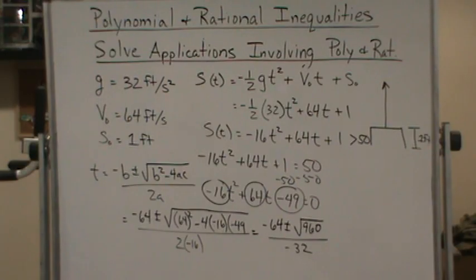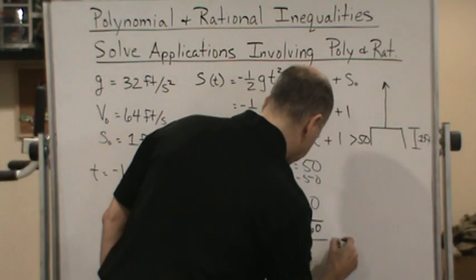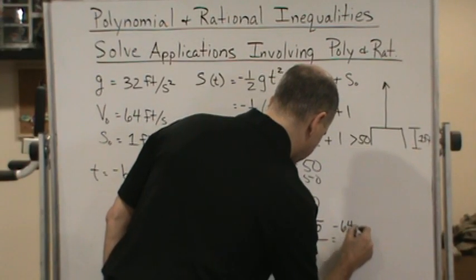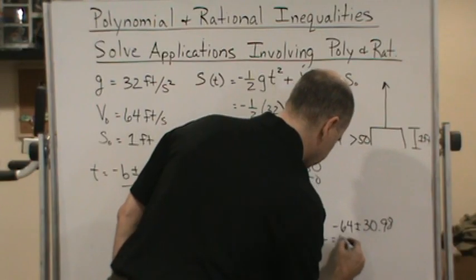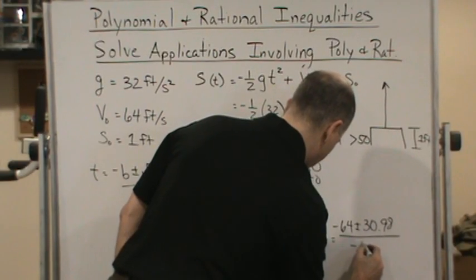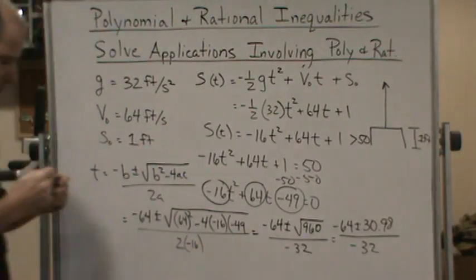The square root of 960 is about 30.98. So we get negative 64 plus or minus 30.98 approximately, over negative 32.